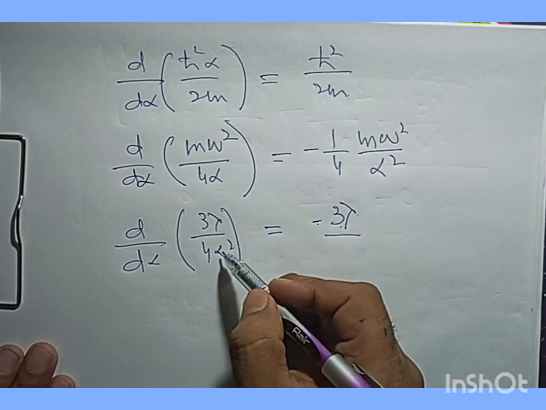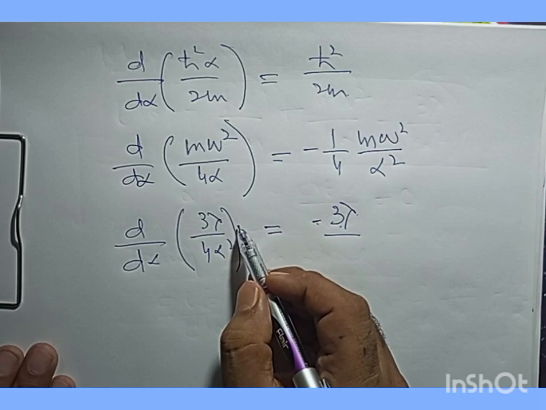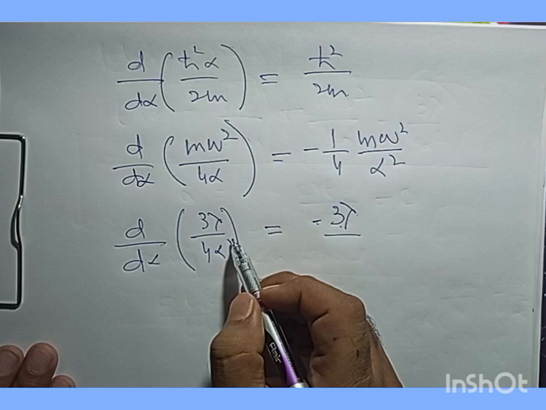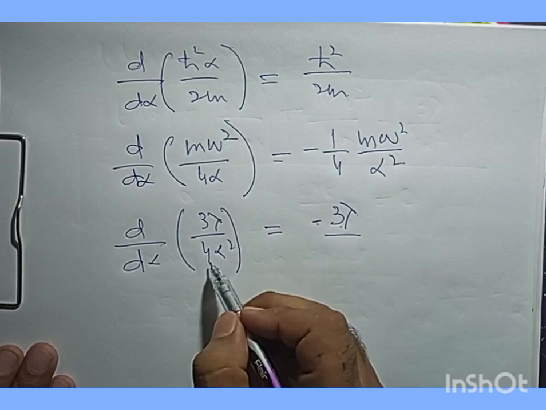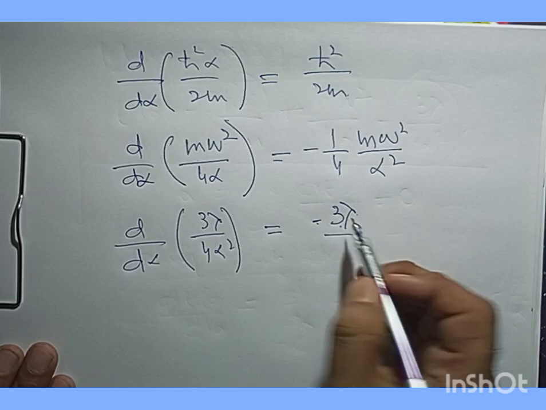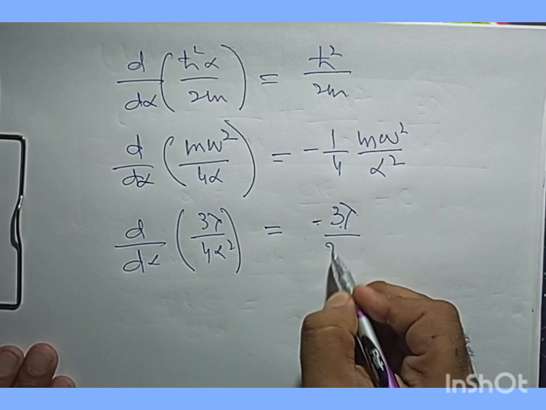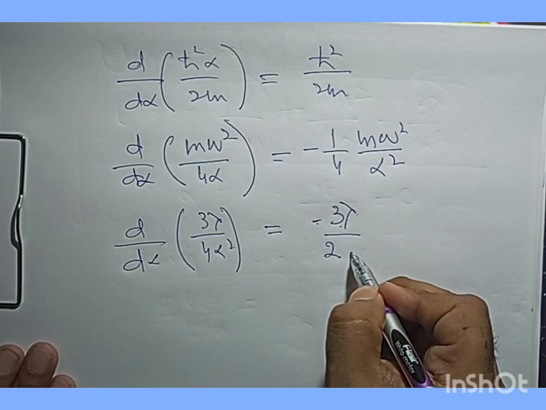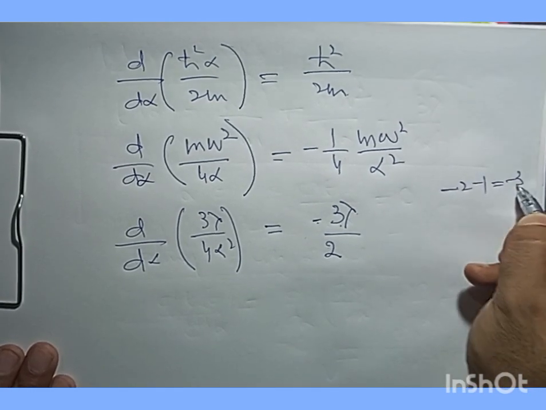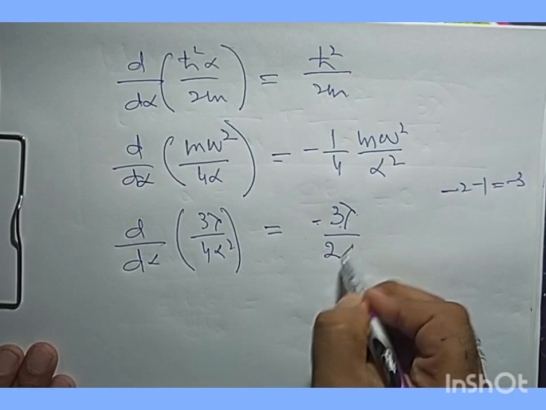Because when we take this alpha square up, it becomes alpha raised to the power minus 2 when we take its derivative. The 2 will come down, and that 2 will cancel with the 4 and make it 2, and you will have minus 2 minus 1, which gives you minus 3. Then this alpha will come back to the denominator, and you will have alpha cube here.